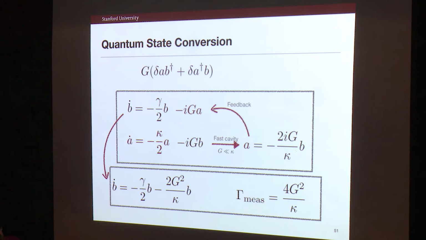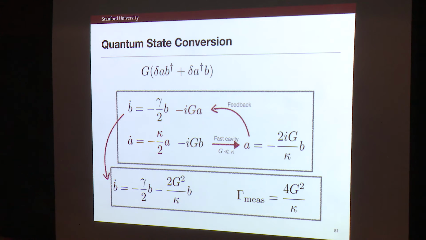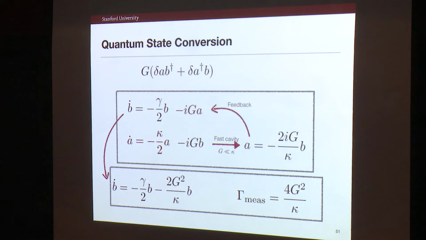That means it follows the mechanical amplitude. And now I can substitute A back into this equation, and I end up with an equation just for my mechanical system or microwave system, where I have an extra damping term. You can call this damping term the measurement rate, the cooling rate, or the laser cooling rate. Either way, it's another damping channel that's opened up to the microwave system.